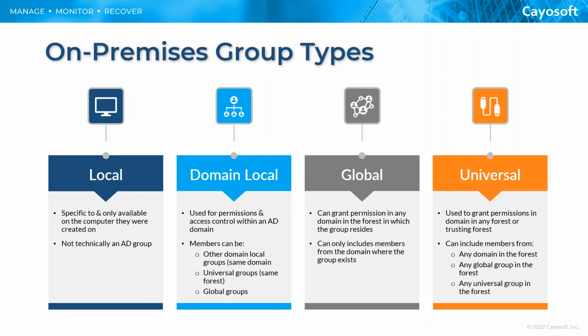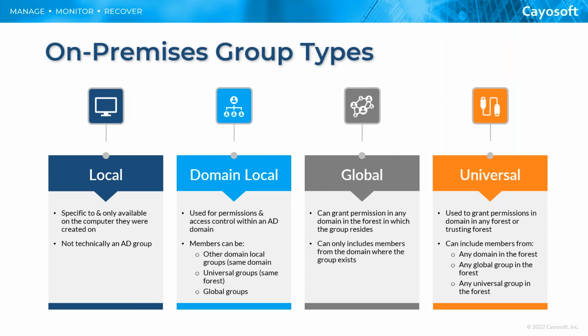Well, you can have other domain local groups from the same domain. You can have universal groups as group members, and I'll talk about universal groups in a moment. And you can have global groups as a group member in a domain local group, and I'll talk about global groups in just a second too. So you can have users from a domain, and you can have groups from the domain, either global groups or universal groups.